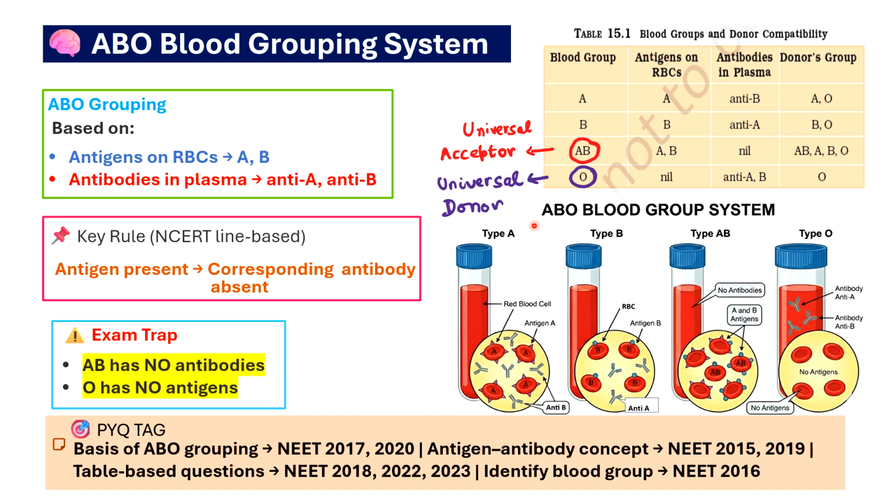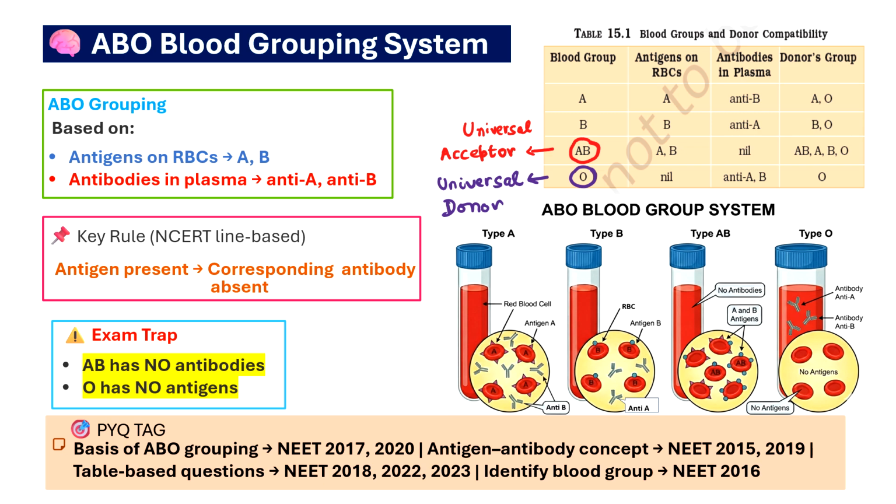That's why it can donate blood to all the blood groups. That's why it is known as the universal donor. These points are very important. Also, you should remember AB has no antibodies and O type has no antigens. I hope this part is very clear for you.